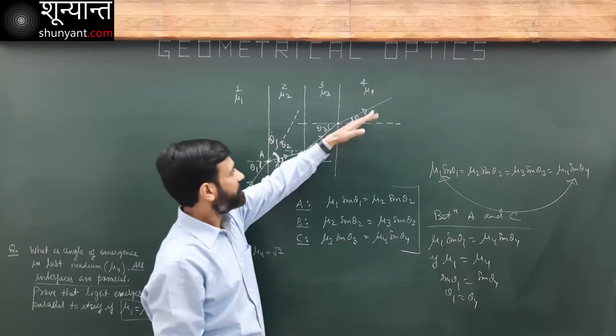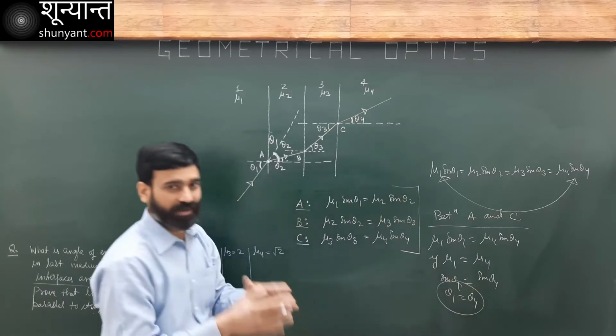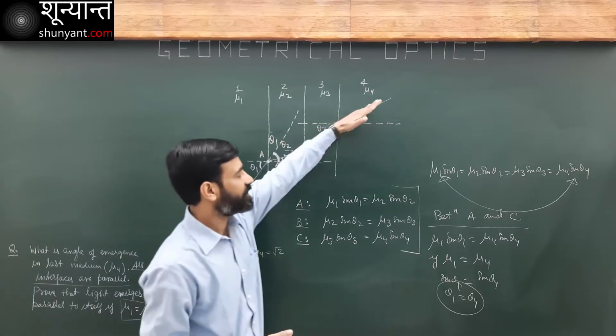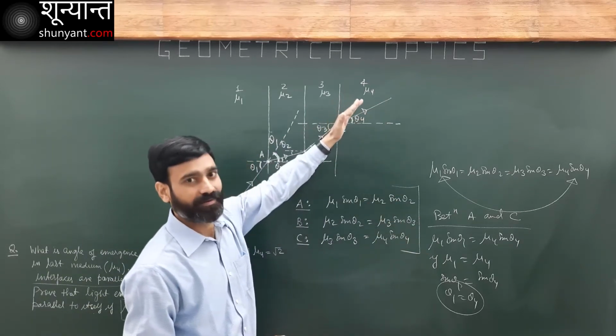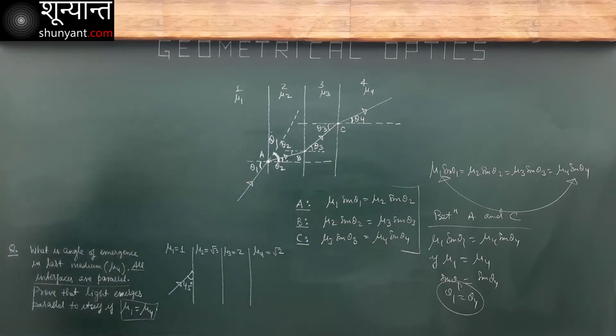And this is making theta 4. Now, if theta 1 and theta 4 both become the same, that means both the incident light and the final emergent light are making the same angle with the normal. That means both are parallel. It will come out parallel. So that's what we proved here.